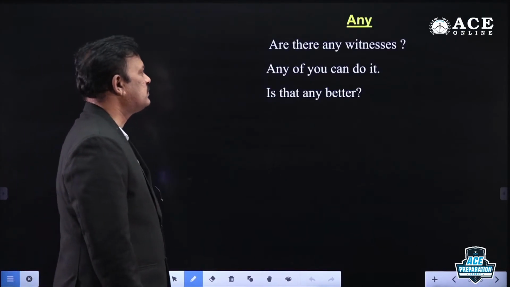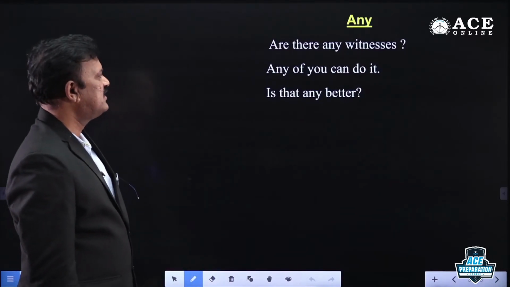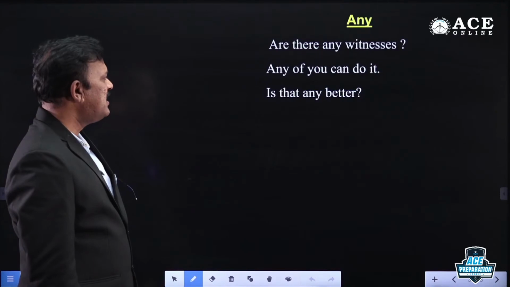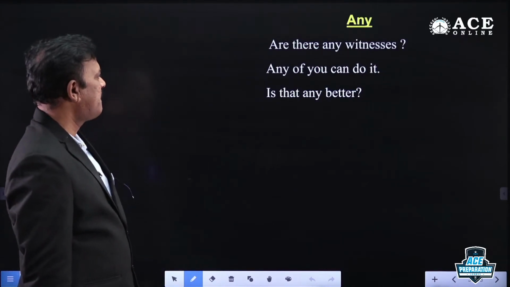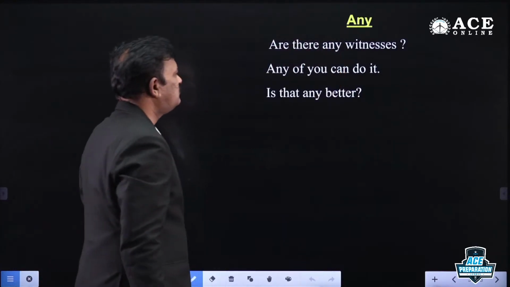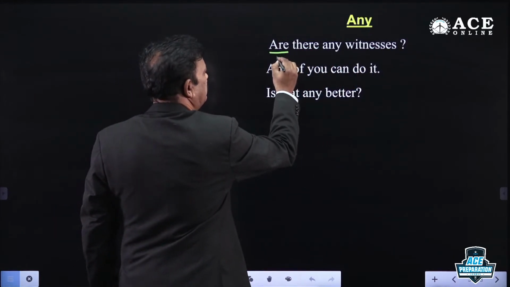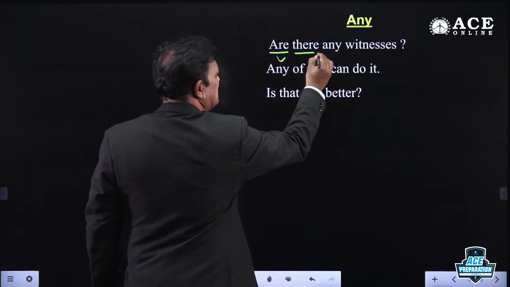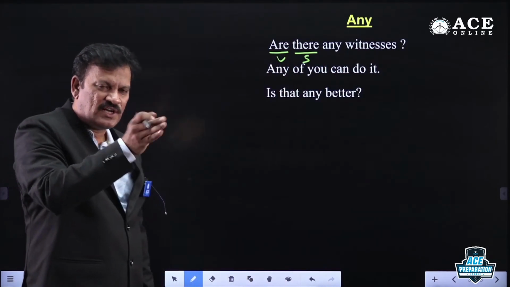Check this. Are there any witnesses? Any of you can do it. Is that any better? Your target is any. Verb, subject. Guys, this is in a question form. That is the reason you have this reverse, verb, subject.